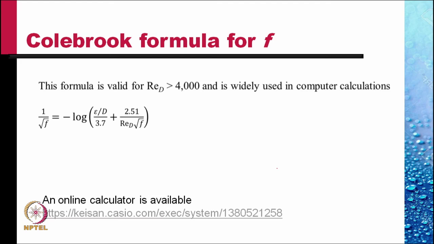There are various online calculators available. One of these calculators is at this address. If you Google search a Colebrook formula calculator, you will get a number of calculators there.